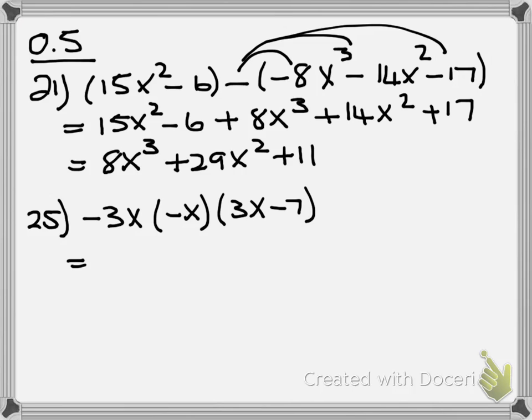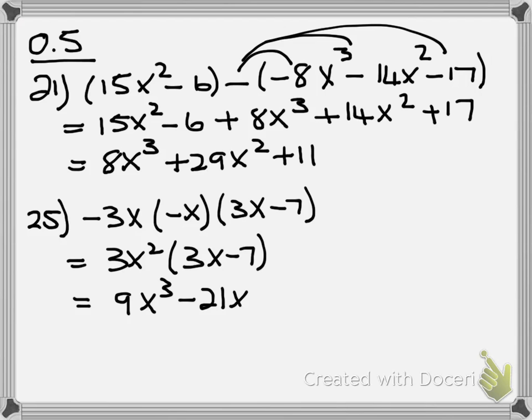So this gives me a positive 3x squared times 3x minus 7, and now I'm just going to distribute: 9x cubed minus 21x squared. I first had to take care of these two, multiply them to get 3x squared.